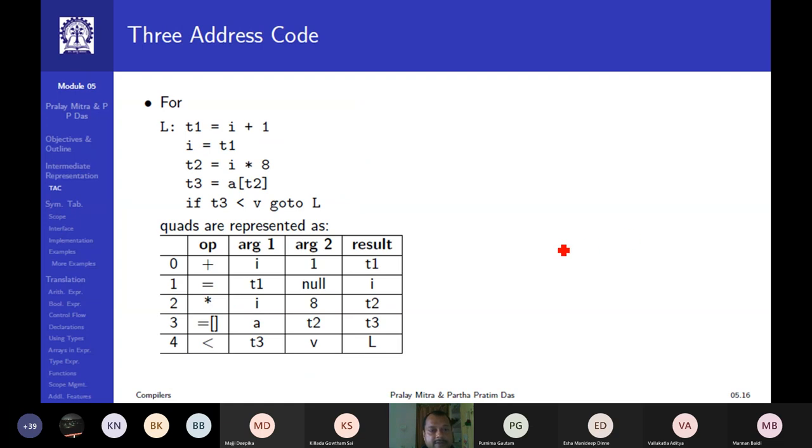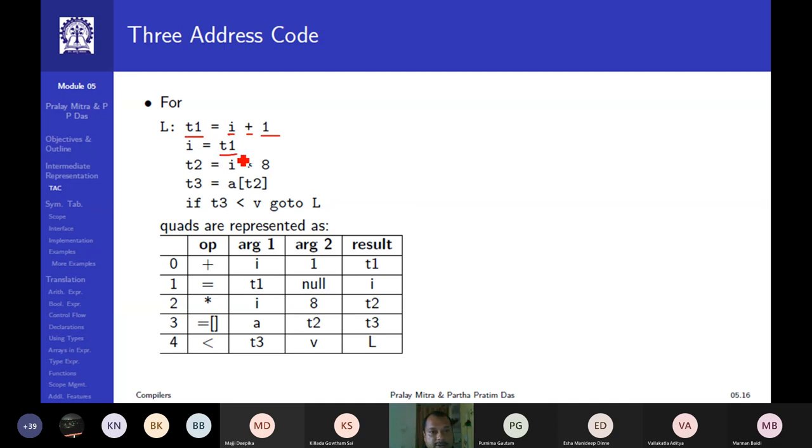Now, if I represent that in quad form, how will it look? The first column is just the serial number, then opcode, argument 1, argument 2, result. For the first one, opcode is addition, argument 1 is I, argument 2 is 1, and the result will be stored in T1.